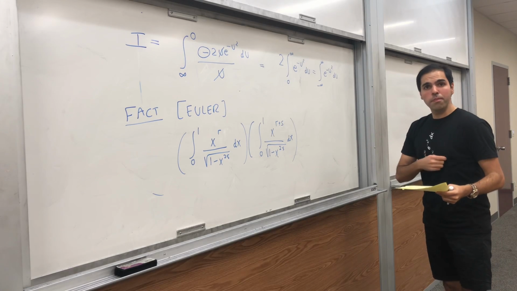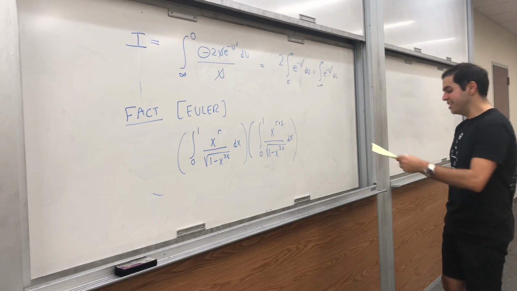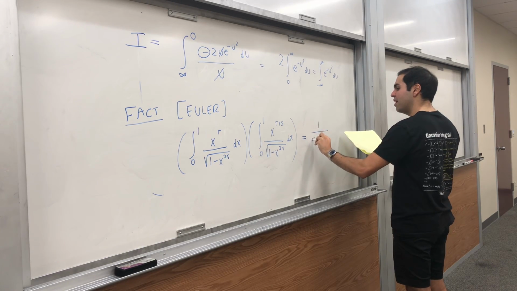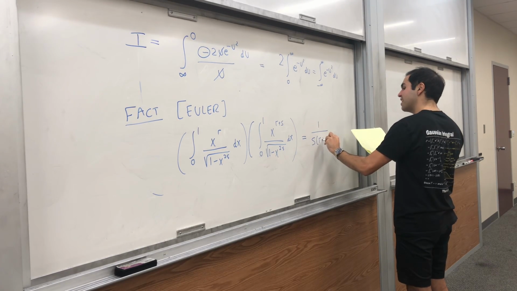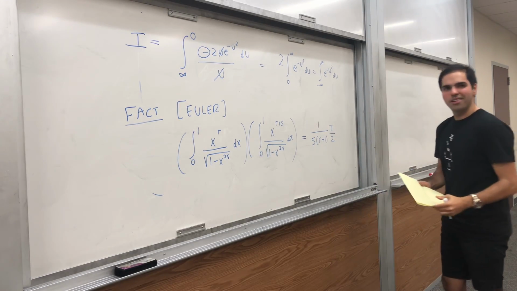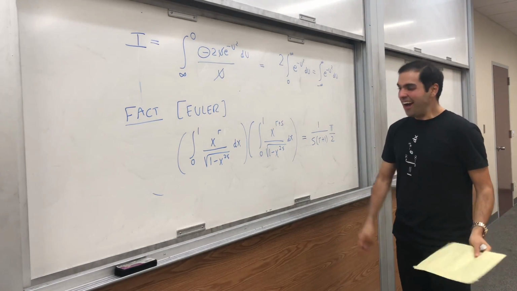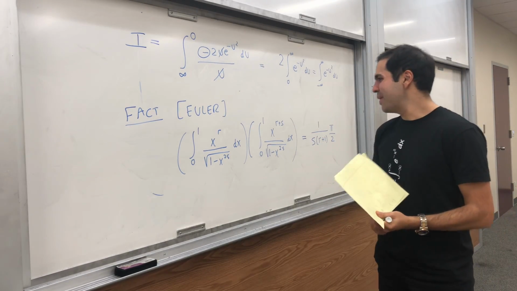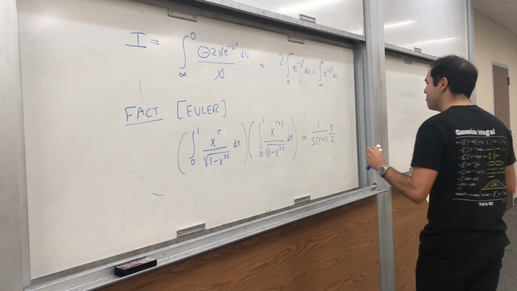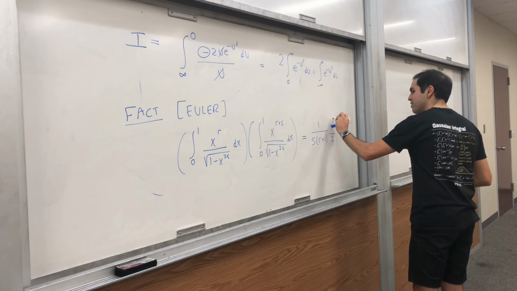If you multiply those two monstrous integrals, then you actually get a nice formula, 1 over s times r plus 1 times pi over 2. How cool is that? So it turns out, those two integrals might be pretty crazy, but if you multiply them, they're nice.